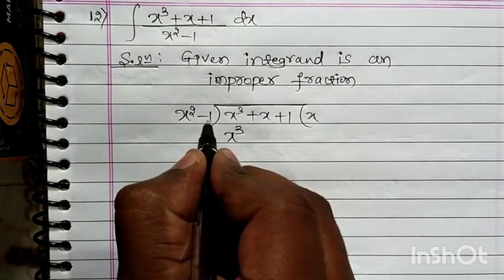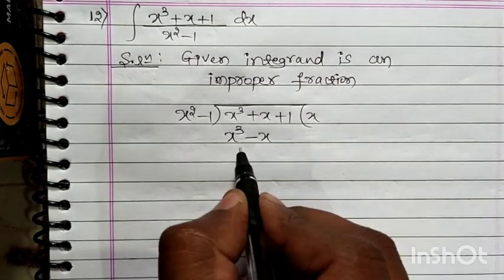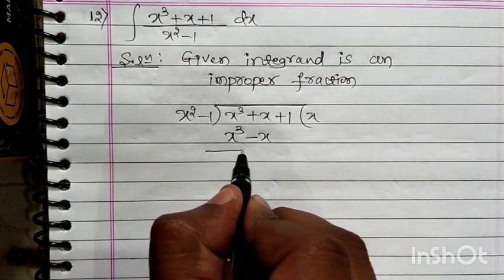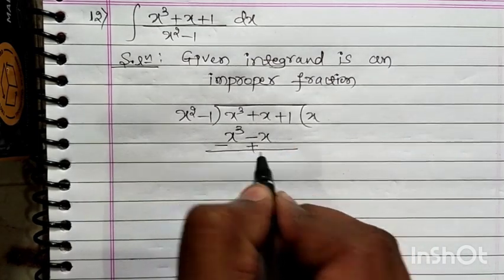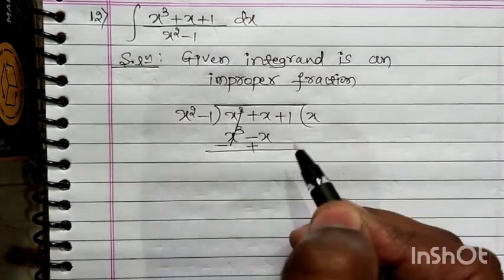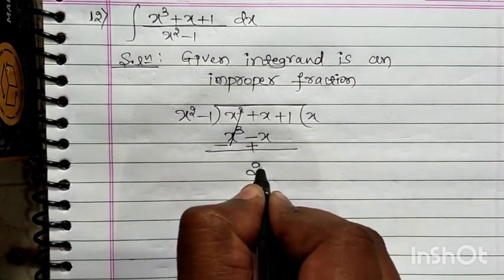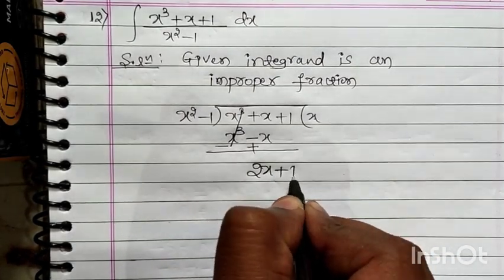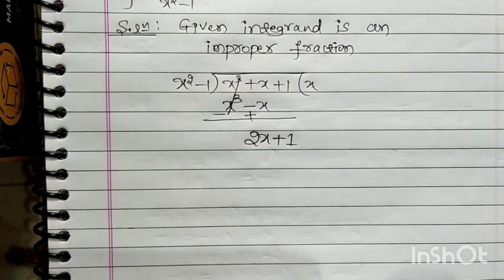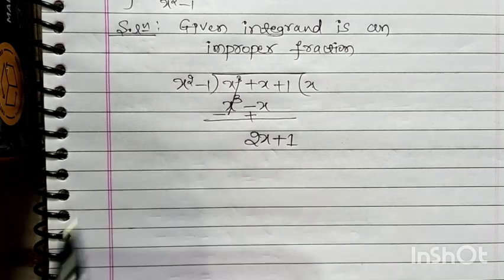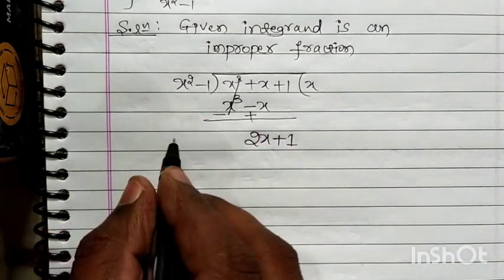Then x into minus 1, it is minus x. So here go for the sign change. So it is minus and plus. So plus x cube minus x cube cancels. X plus x it is 2x plus 1. So we have to stop the division process here, because the degree of the remainder is less than the degree of the divisor.